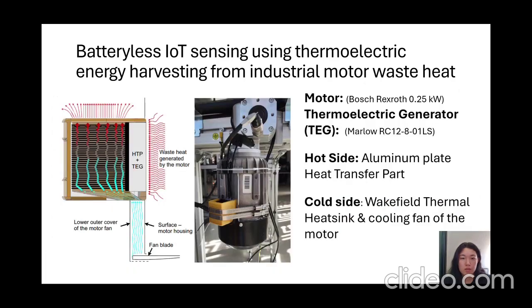In this setup, the waste heat from the Bosch motor is transferred to the Marlow TEG using an aluminum plate as the hot side. The cold side is maintained by the Wakefield heatsink, which receives the airflow from the motor's own cooling fan. This creates the temperature difference required to generate electricity from the motor's operation.